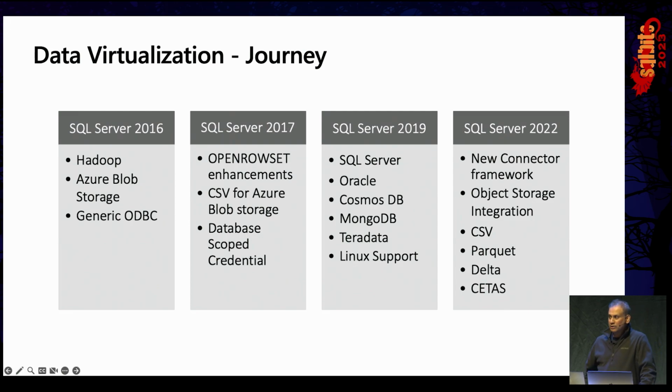And we also now support exporting and reading from Parquet and Delta files, as well as a much requested feature for SQL customers, CTAS support, where you can create external table as select, which we all had for many years in Synapse or Azure Data Warehouse in the past.